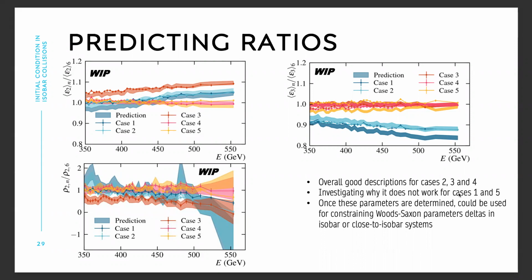Case 1. So here, just to make clear, the bands are the prediction that I made from applying the formula of the ratios, and the points are the actual ratios that I computed.